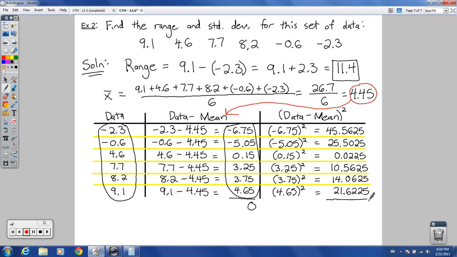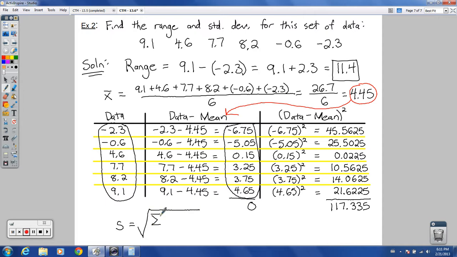Now I want to take the sum of these values. That's the top part of the standard deviation fraction. If we add all these together, I did that before, I got 117.335. Now where does this value go? Now we're calculating standard deviation. Let's get that practice of writing this one more time.